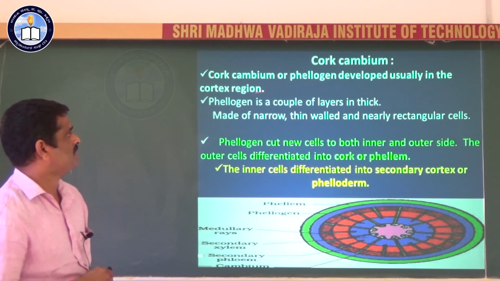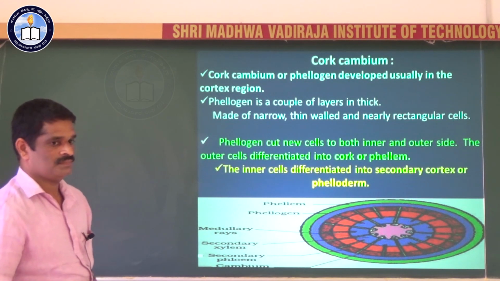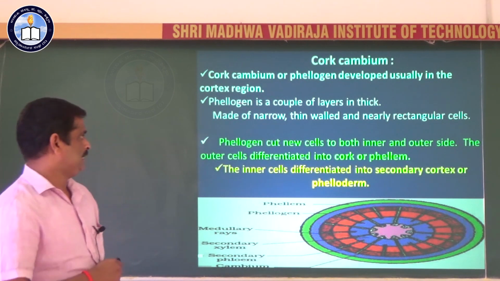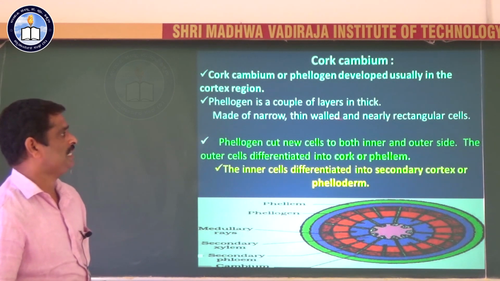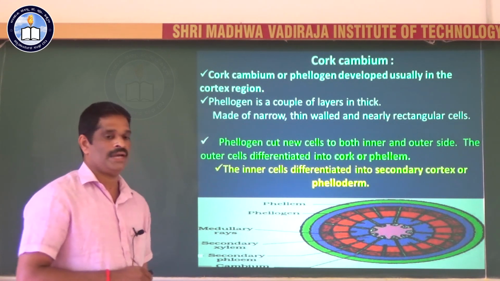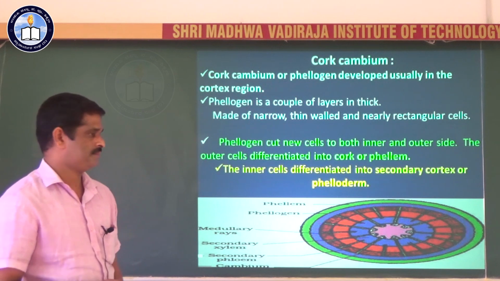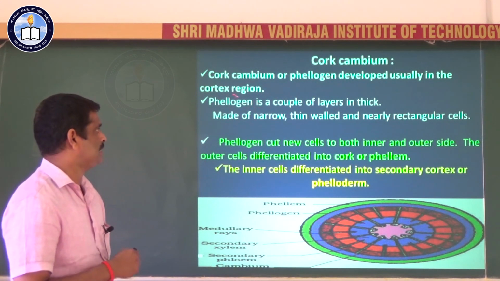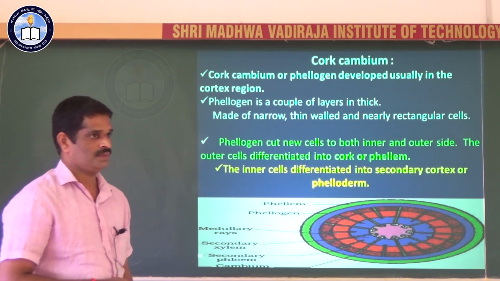That new cambium is called the cork cambium or the phellogen. This phellogen is formed of narrow, thin-walled, nearly rectangular cells.